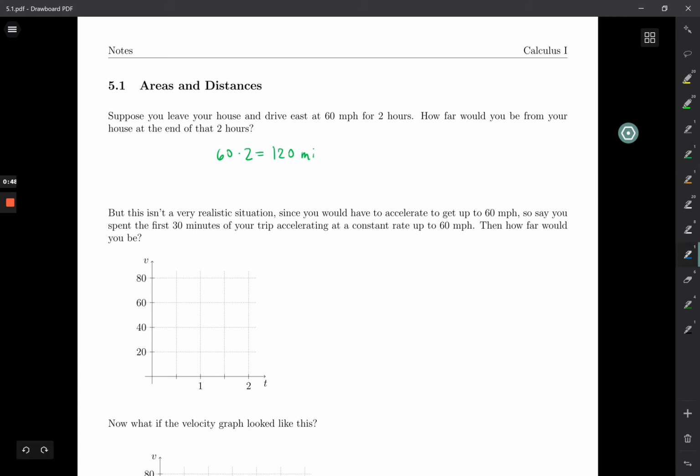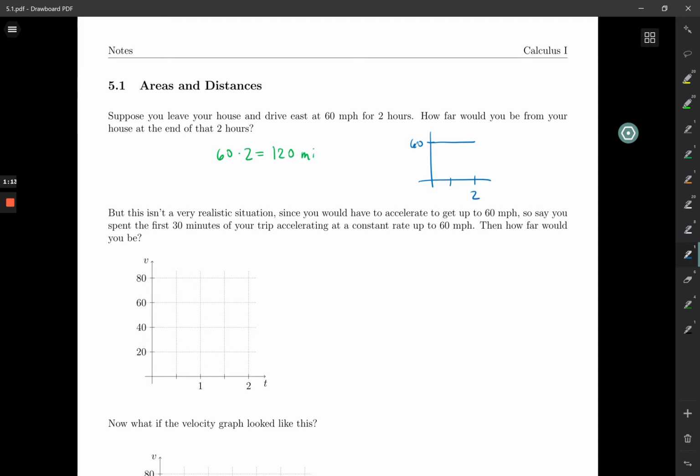Now, what we can do is think about representing this graphically. So if I wanted to think about what the velocity function would look like, well, since it's completely constant, it would just be here at 60, it would be a horizontal line from 0 up to 2, right?